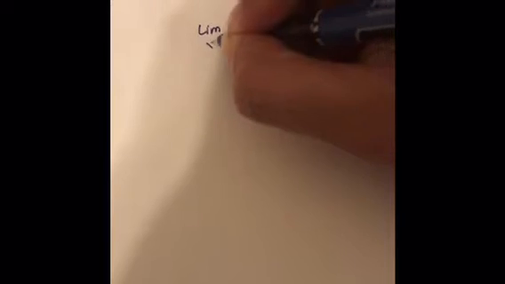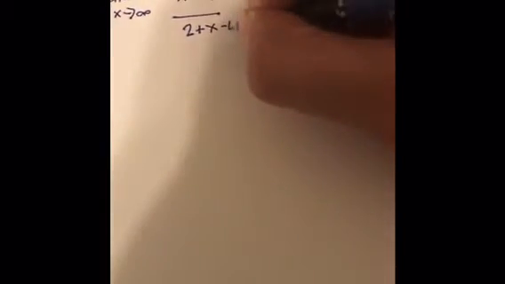For the last example, this will be example 5. We'll use the limit as x approaches infinity of x squared minus 4 over 2 plus x minus 4x squared.